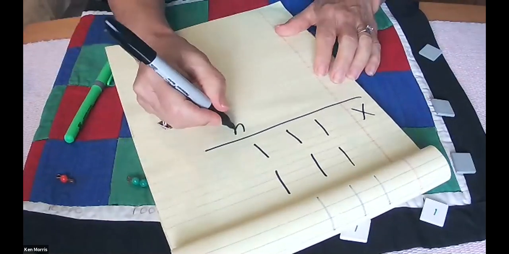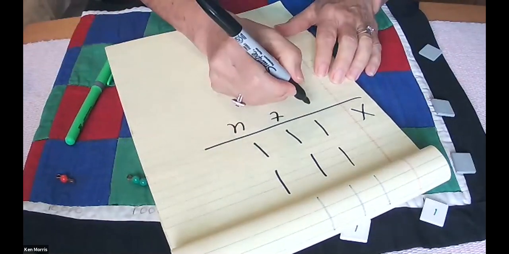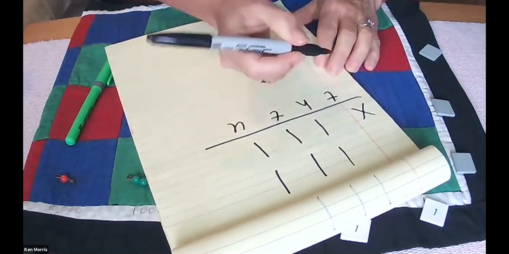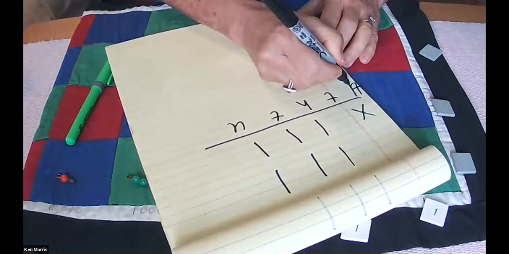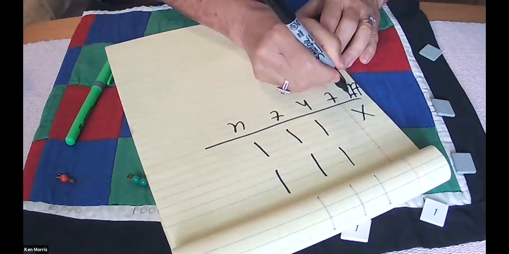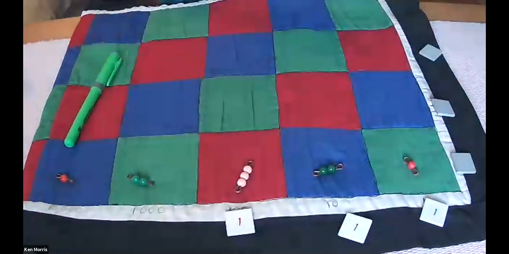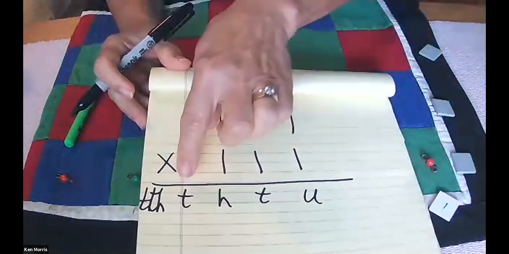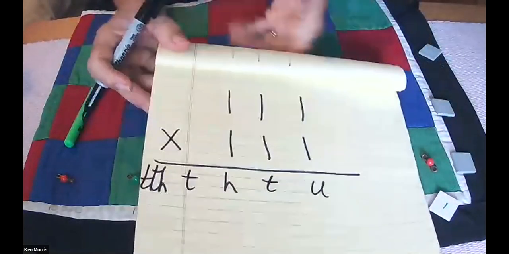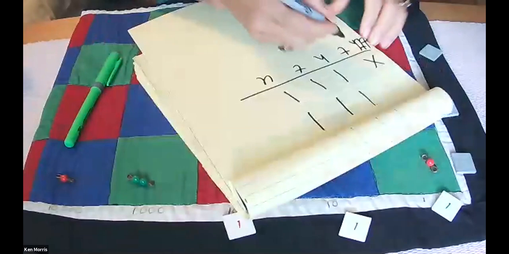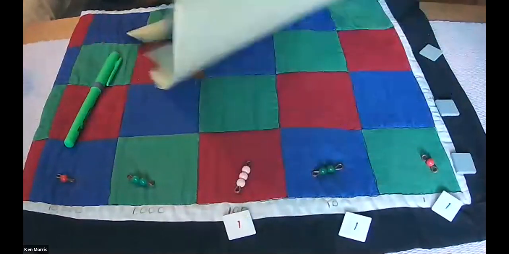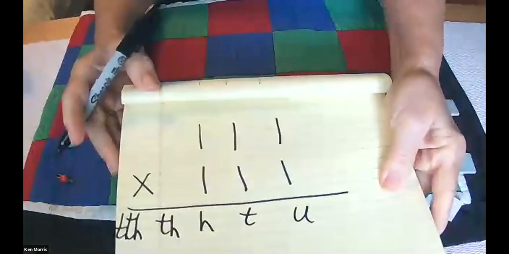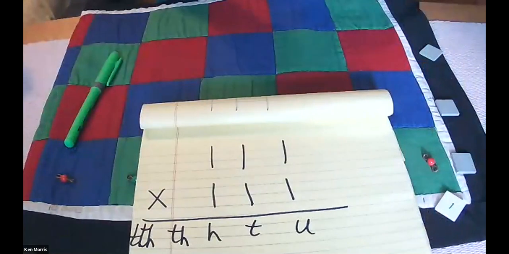So I'm going to write unit, 10, 100, 1,000, 10,000. Actually, let me add an H to the thousands to differentiate it from the tens.